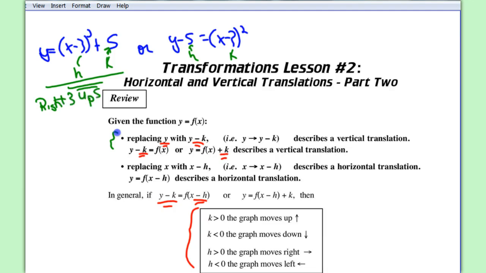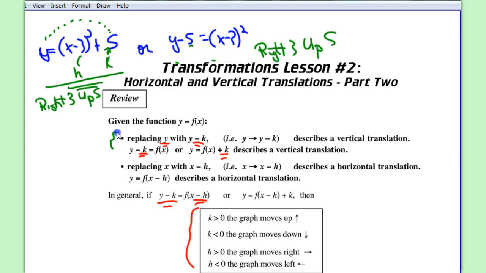But you need to see and be clear that we could take this 5 and put it over here, and if we did, it is still doing the same thing. In this version, it is still going to be right 3, and it's still going to be up 5, even though it looks like I switched those up.